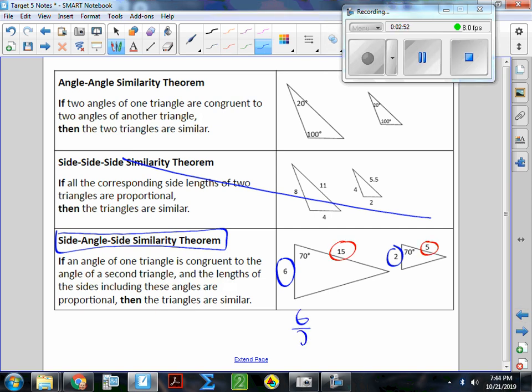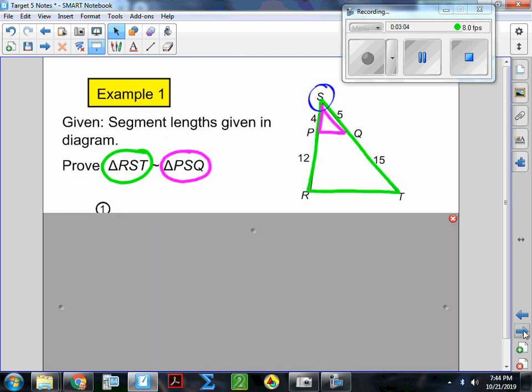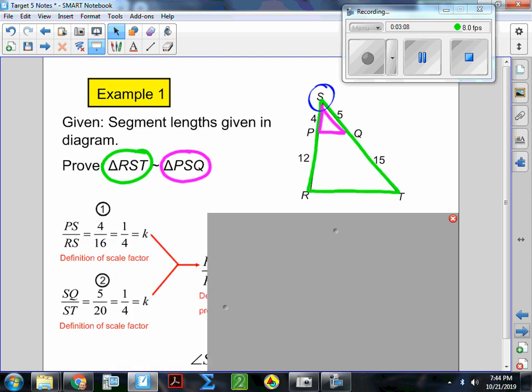So 6 over 2 is equal to 3. 15 over 5 is equal to 3. If I can show that both sets of sides have the same ratio, then that means the sides are proportional. So the very first thing we're going to do to start is find out what their scale factors are.